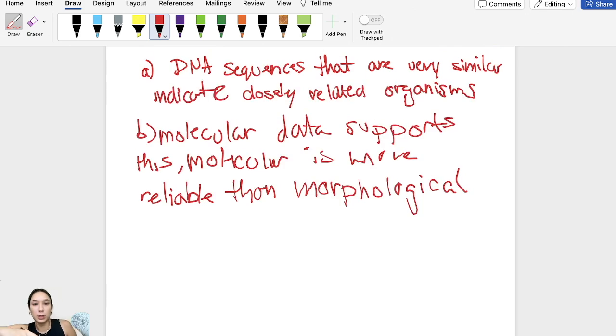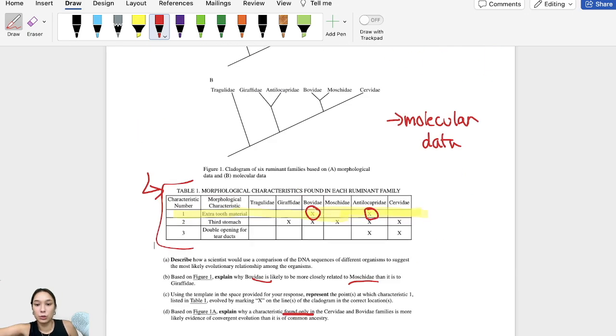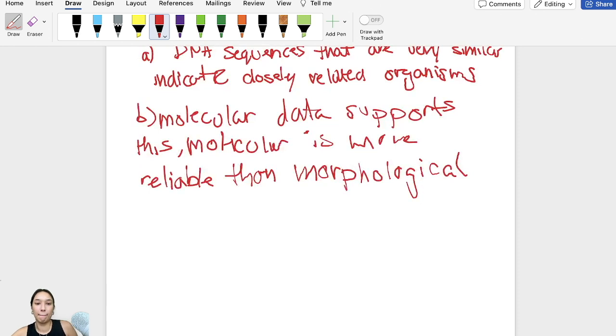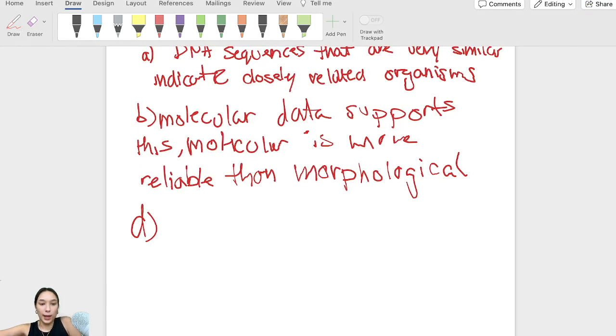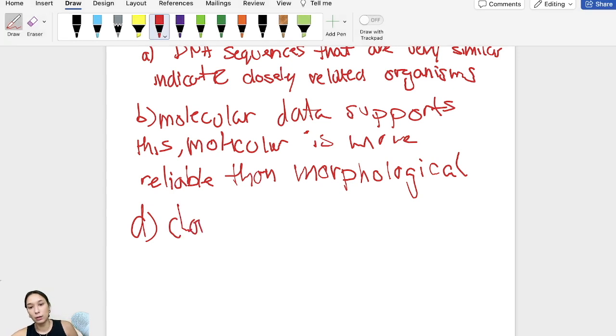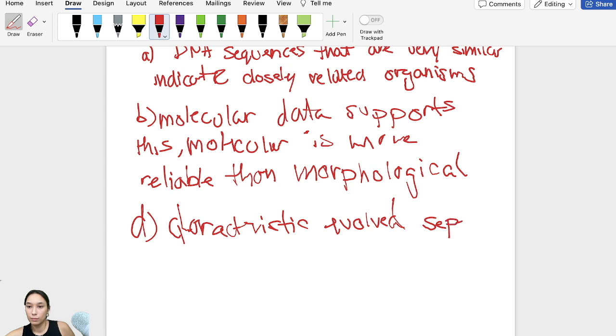I think this one should be D. So they are D because the characteristic arose separately.